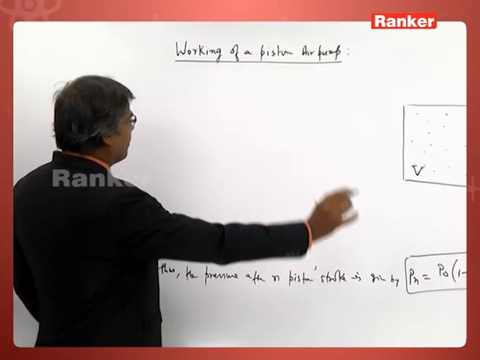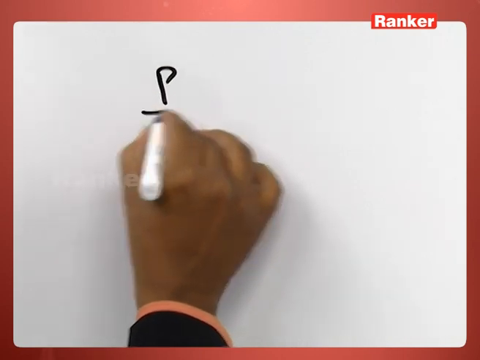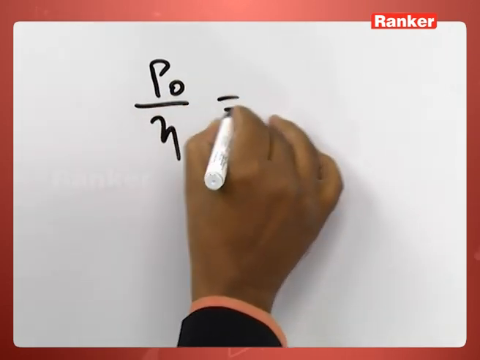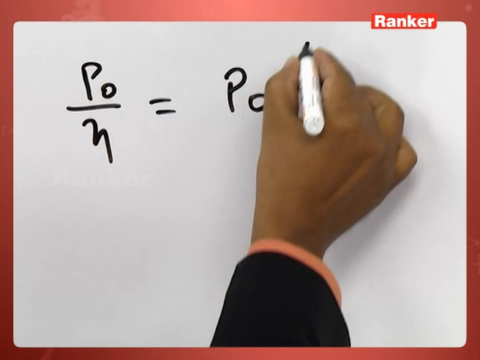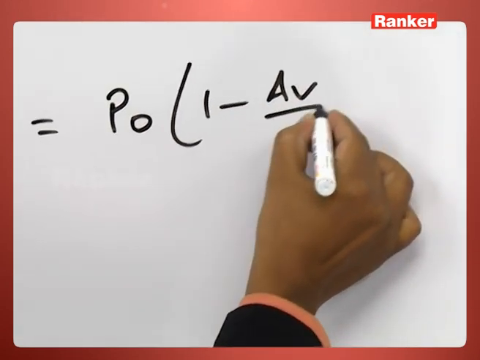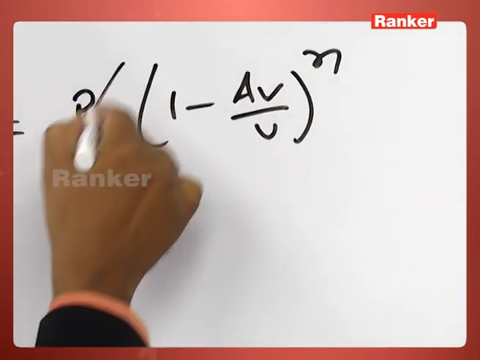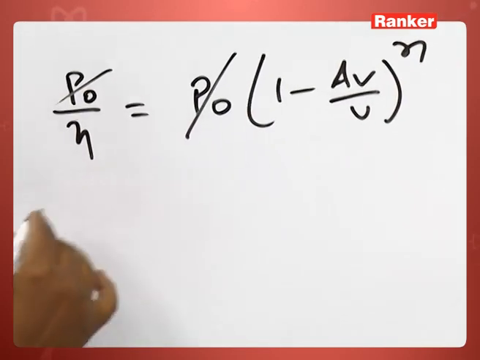Now the pressure becomes P0 by eta after n strokes. So P0 by eta equals P0 times 1 minus delta V by V to the power n. So P0 cancels. Let us take log.